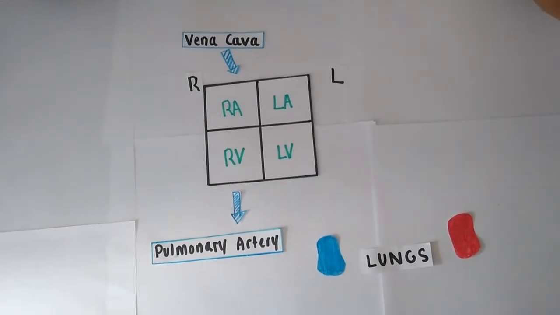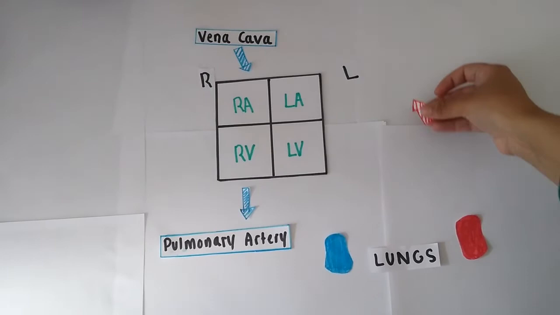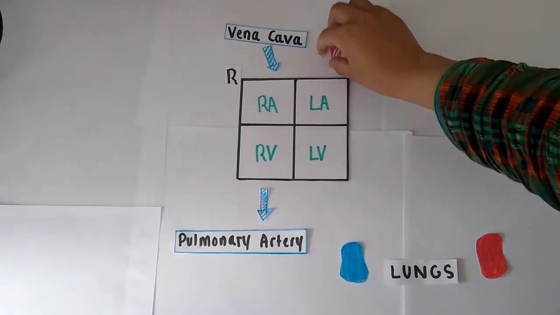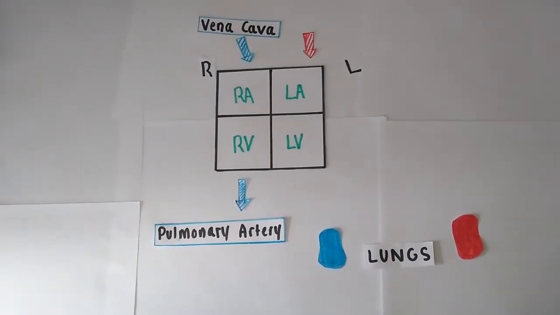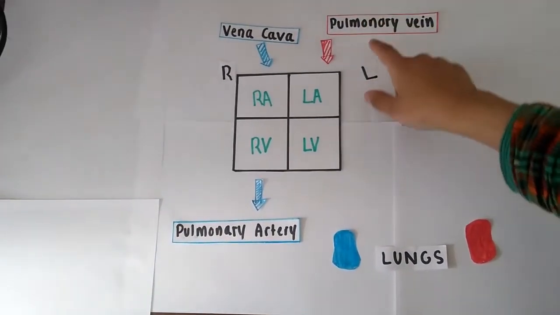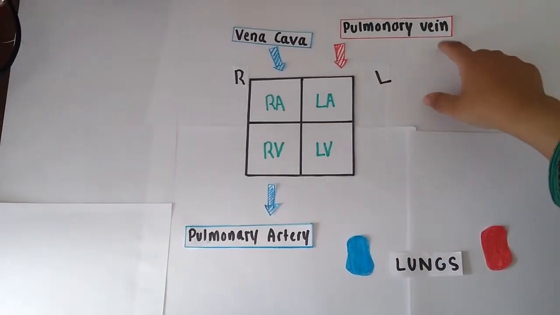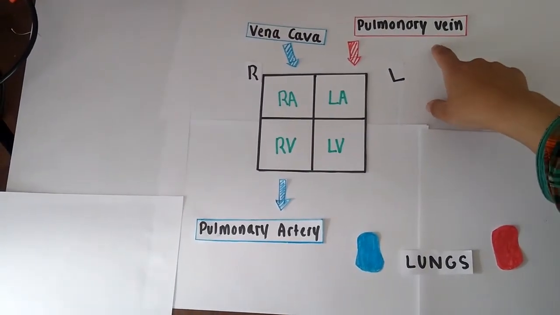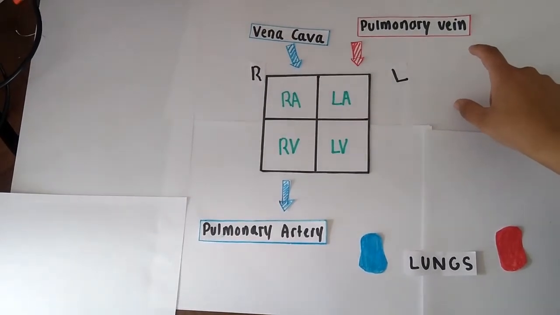From the lungs, it then goes back into the heart, into the left atrium, and how does this happen? Via the pulmonary vein. Pulmonary because it's from the lungs, and vein because it's going towards the heart. But note, this is the only vein in the body that carries oxygenated blood.